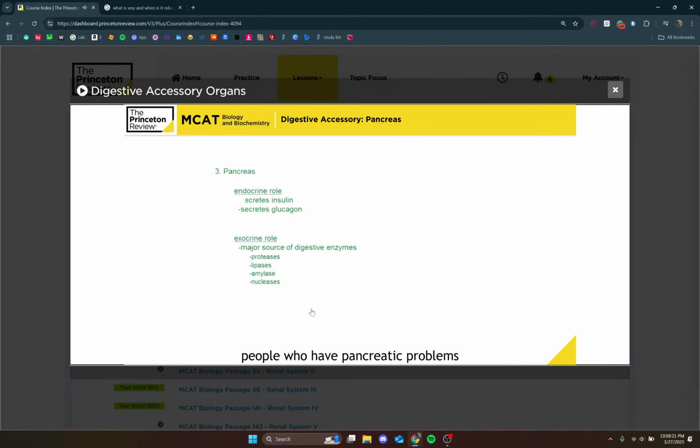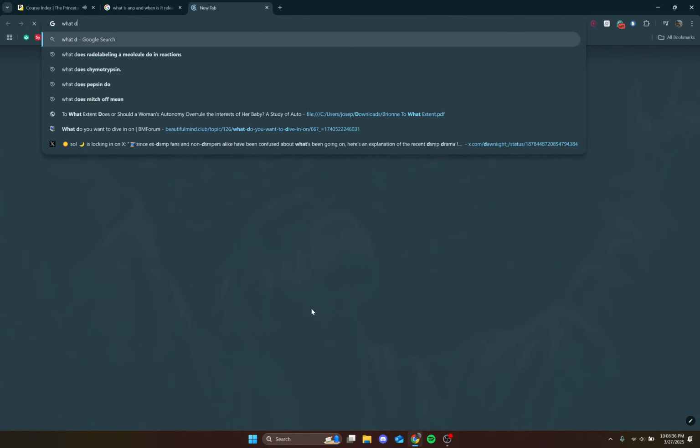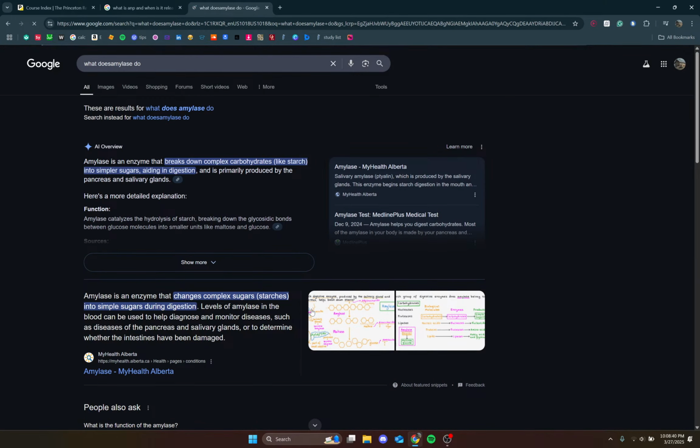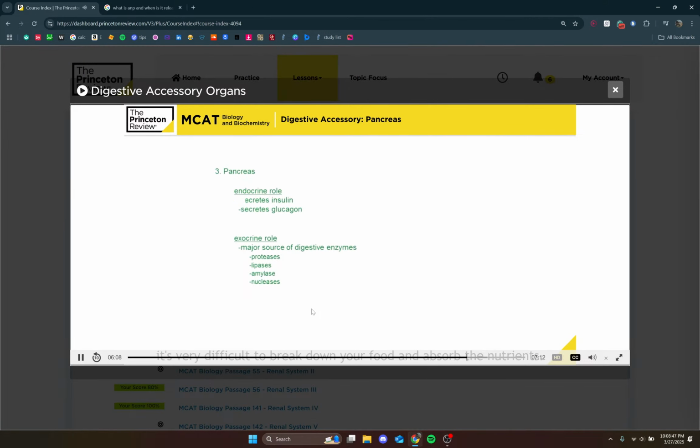And in fact, people who have pancreatic problems like pancreatitis or pancreatic cancer, often the side effect of those illnesses is malnutrition, because without the pancreas and without the digestive enzymes it supplies, it's very difficult to break down your food and absorb the nutrients.